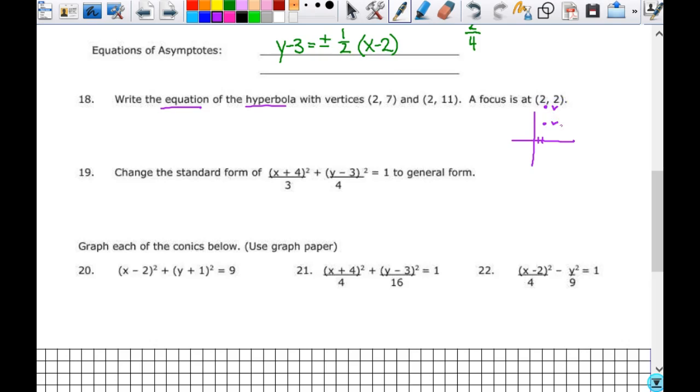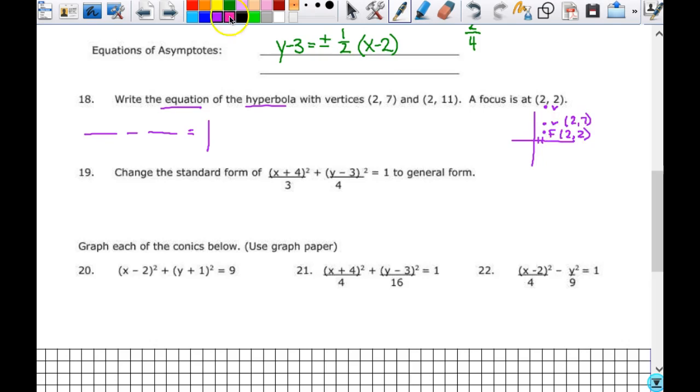Since it is vertical, when my equation in the end, I'm going to have this. So the first term is your y term, and your second term is your x term, since it is opening vertically. Okay, and then we have a focus at 2, 2. This is a focus at 2, 2.